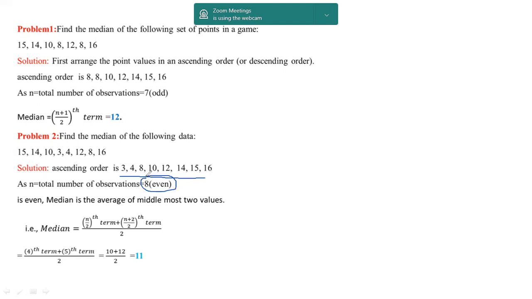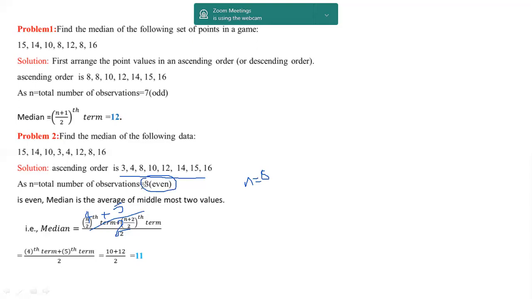When an even number of observations is given, then the median will be the average of the n by 2 th term and the (n plus 2) by 2 th term. Here n is 8. So n by 2 is the 4th term, and 8 plus 2 is 10, 10 by 2 is 5, so the 5th term.